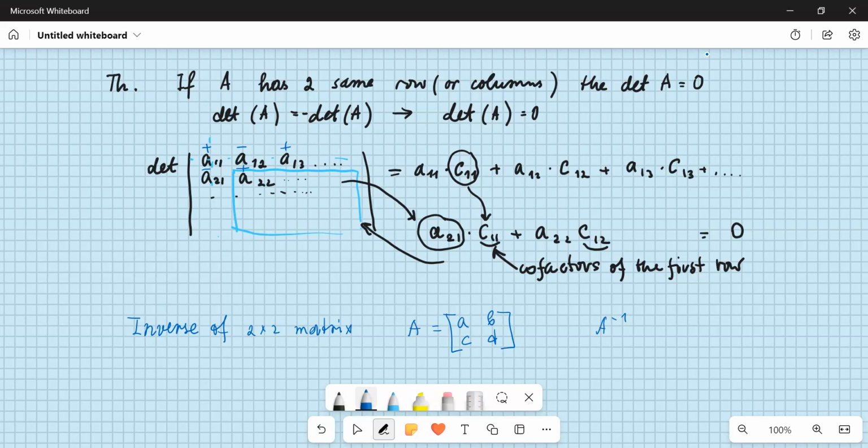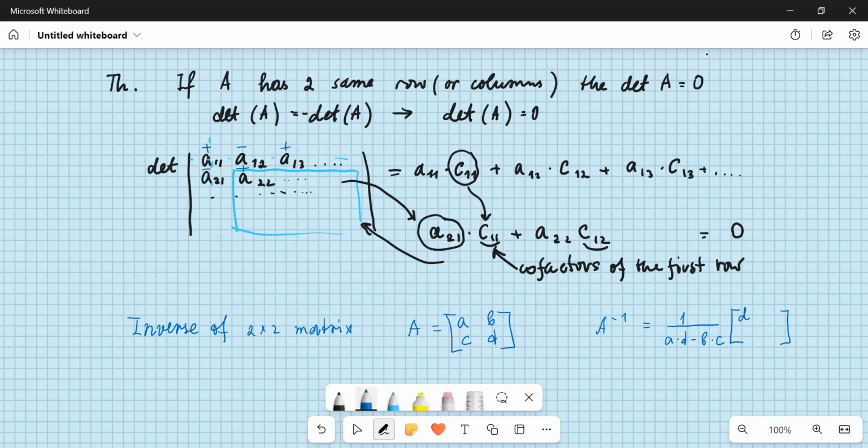Well, we can do it by Gaussian elimination and bring it to identity, but we also know the formula for a 2 by 2 matrix. It's 1 over A times D minus B times C, multiplied by the matrix where you switch the diagonal elements.